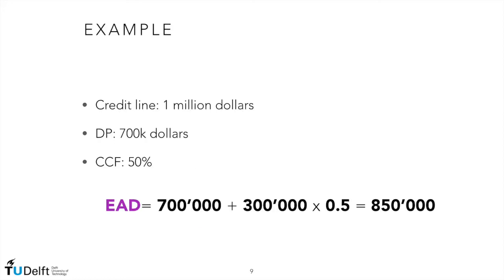On screen, you can see a simple example of computation of the exposure at default for a $1 million credit line. Notice that including the undrawn portion leads us to estimate a greater expected loss and a higher price for the loan. No need to say that, in order to be competitive on the market, this increase should not be entirely transferred to the spread applied to the drawn portion.